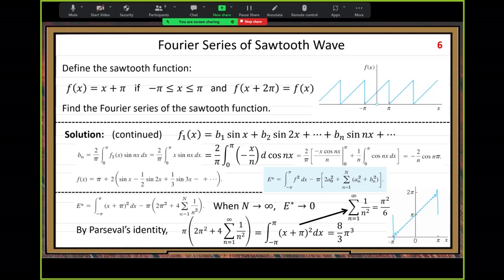So that's another interesting, non-trivial formula that we can find from the sawtooth function.